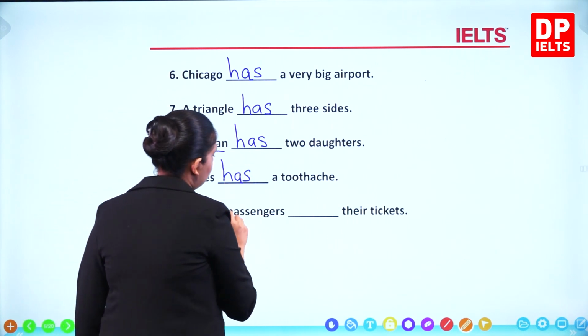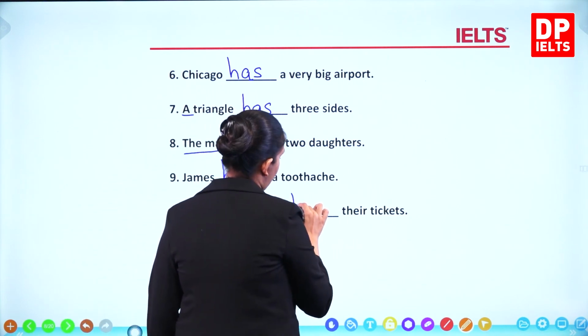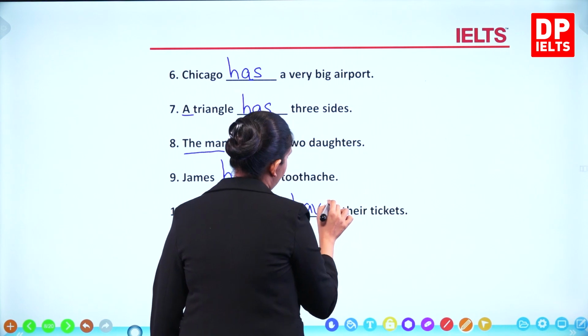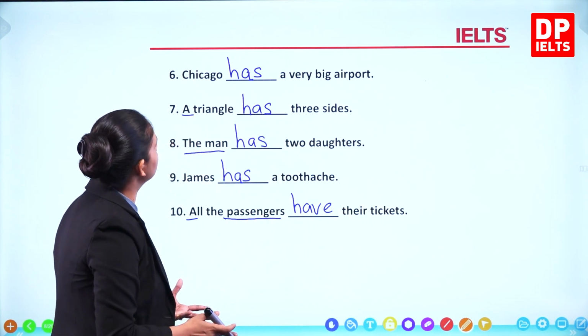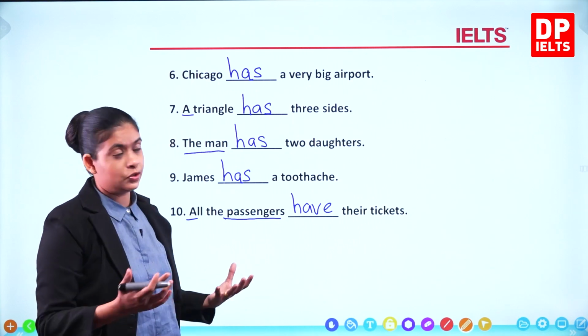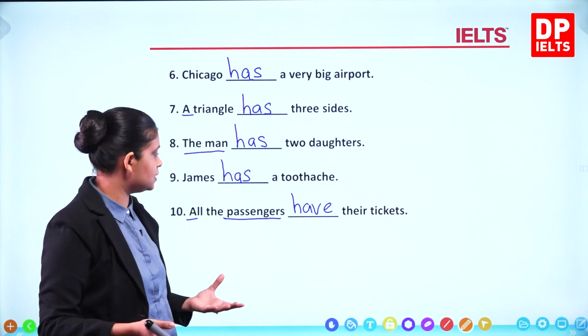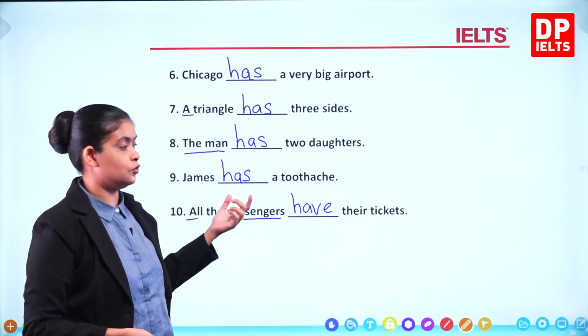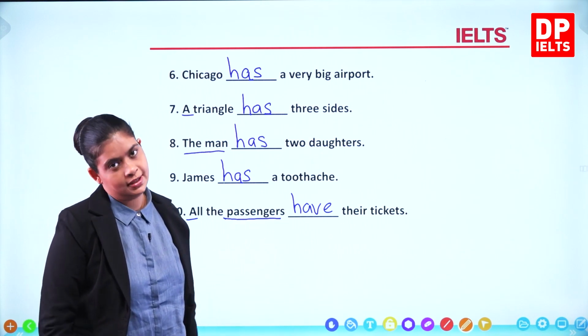All the passengers, plural form, so have their tickets, right? Chicago has a very big airport. A triangle has 3 sides. The man has 2 daughters. James has a toothache. All the passengers have their tickets.